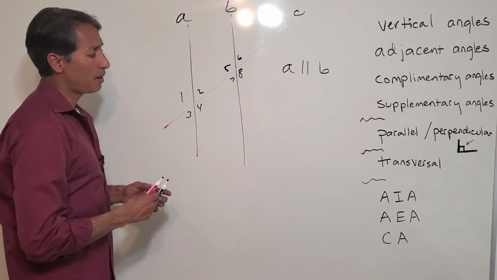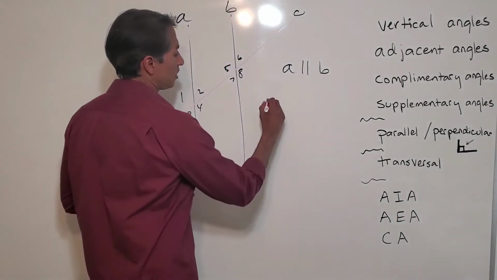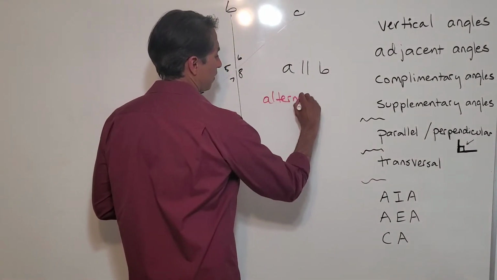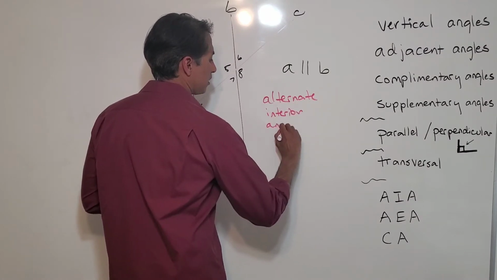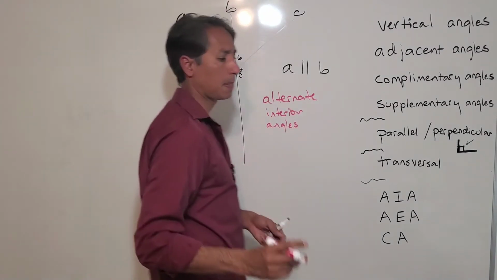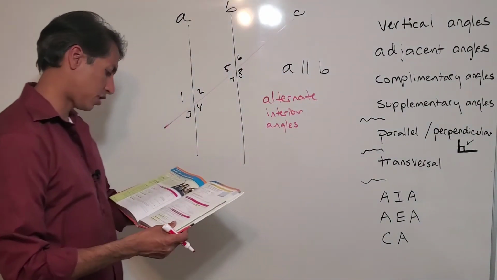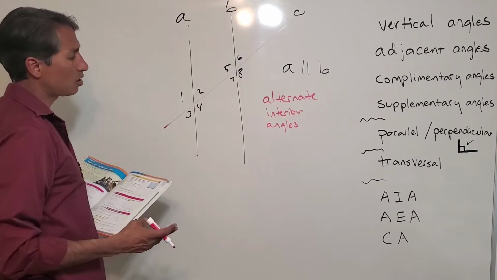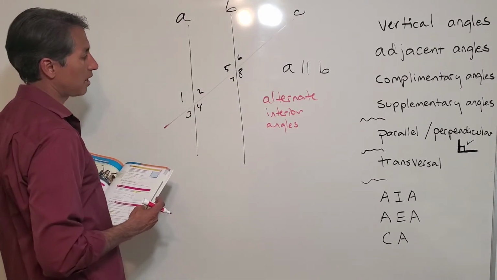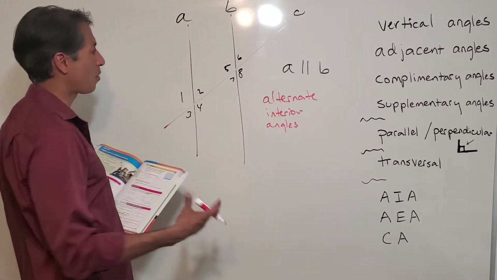And then they'll say, okay, now tell me about all these angles, okay? And so we have the AIA, which is the alternate interior angles, okay? And let me just grab my little book here, make sure, because we have so many of these things going on. When it comes to alternate interior angles, okay, they alternate, but they're also on the inside of what's going on here.